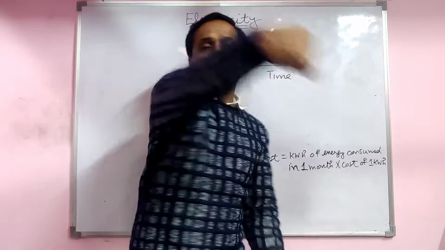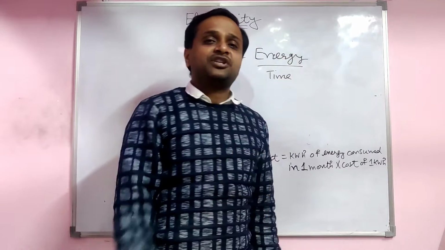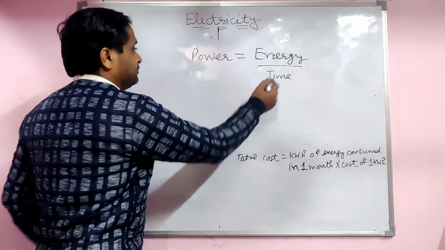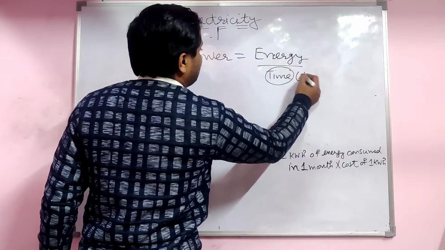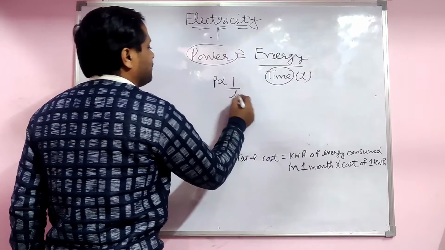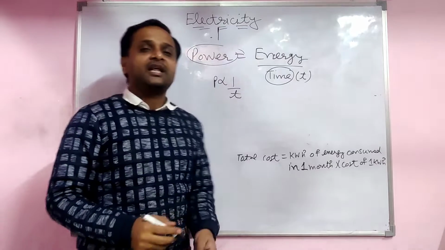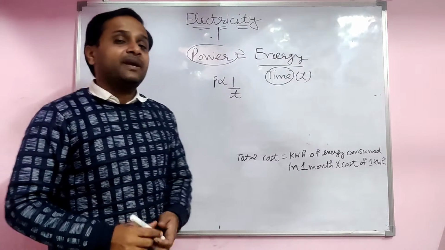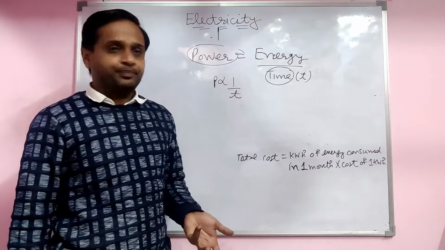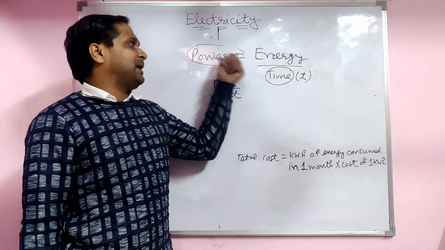For example, when you punch something very fast, the time is less. In that case time is less, power is more, because power is inversely proportional to time. Take care. When you spend energy compared with the time, it is the power. When time is more, power is less.